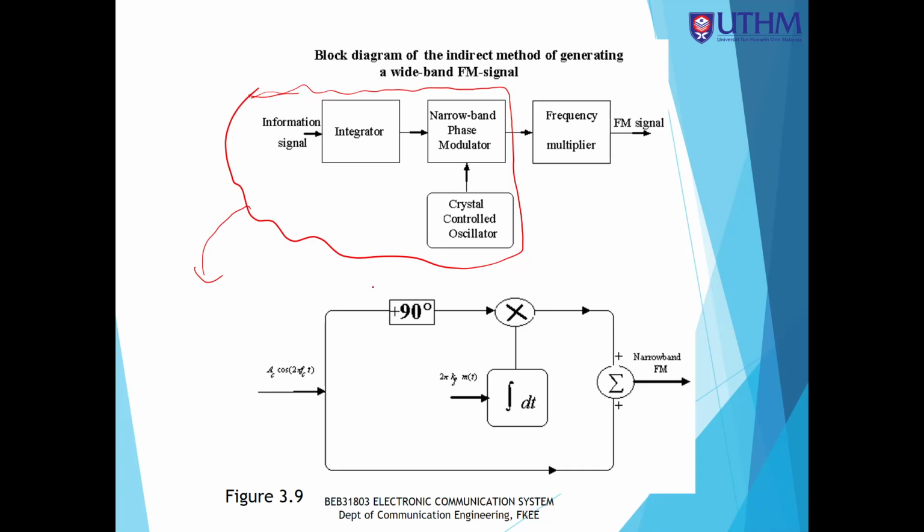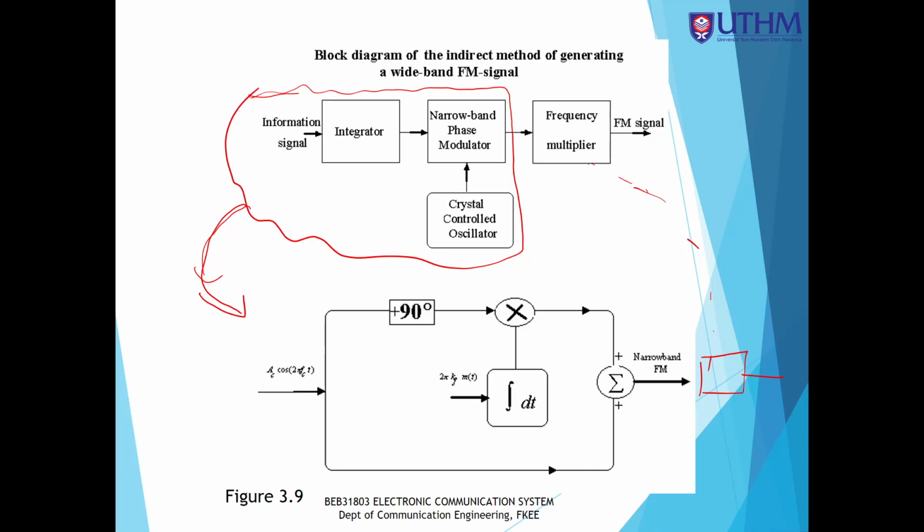This is a block diagram of the indirect FM generation, which is referring to the picture below. And you see that the frequency multiplier is over here.